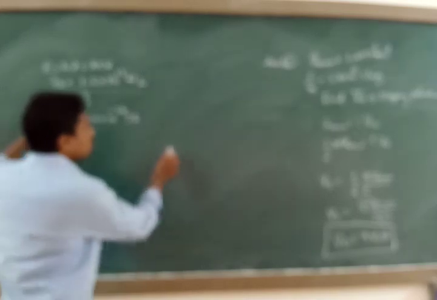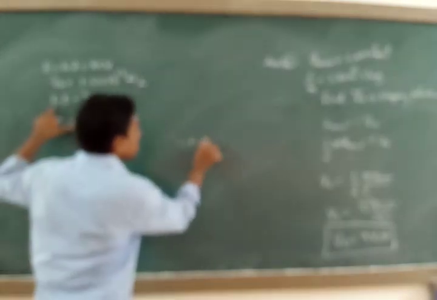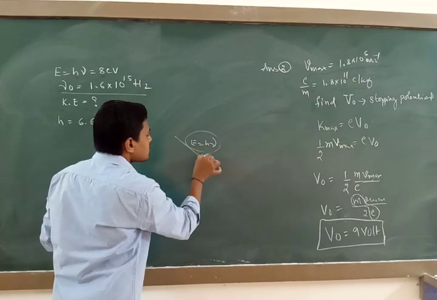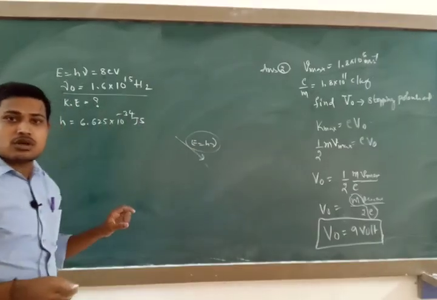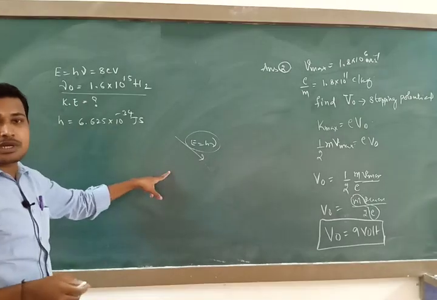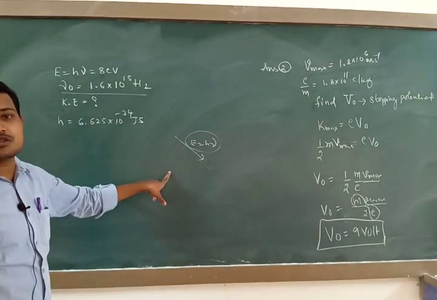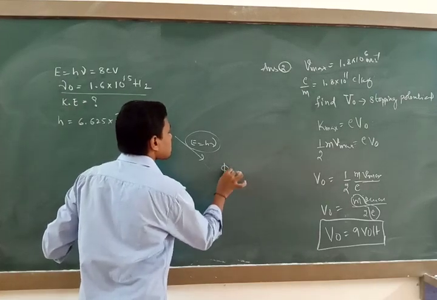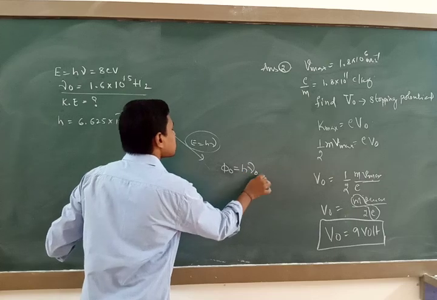See here, energy is h nu, threshold frequency is given, and they are asking the kinetic energy. So E is equal to h nu. If I incident this much energy of radiation, we know that for electrons to escape from the surface of a metal they need a certain minimum energy, and that energy we call the work function, phi naught.